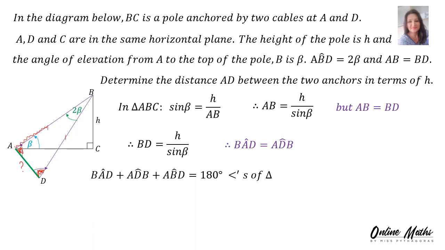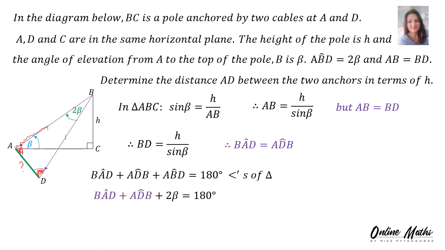So we can say, now we work in triangle ABD, and we can say that angle BAD, the purple one, plus angle ADB, the other purple one, plus the green one on top, angle ABD, is equal to 180 degrees, angles of a triangle.